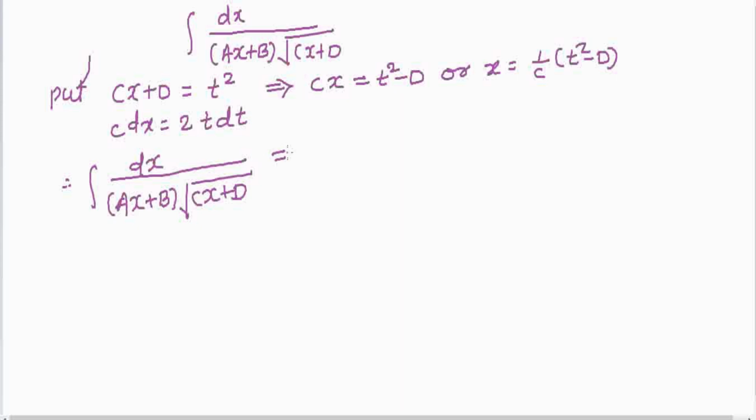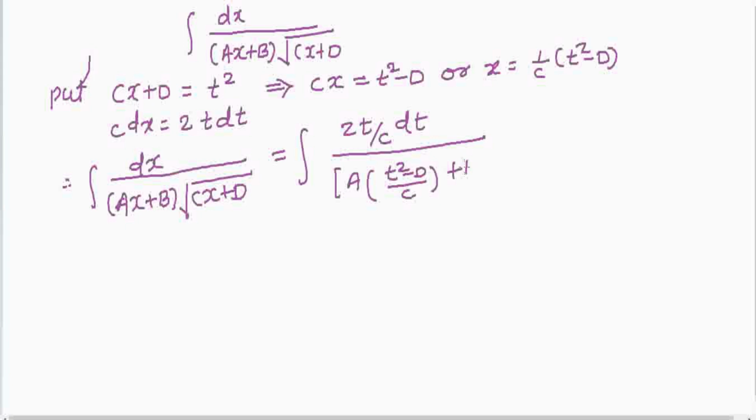We are applying the substitution now. The value of dx is 2t divided by c into dt, divided by a into, x is t square minus d divided by c, plus b, and let us take the LCM now.